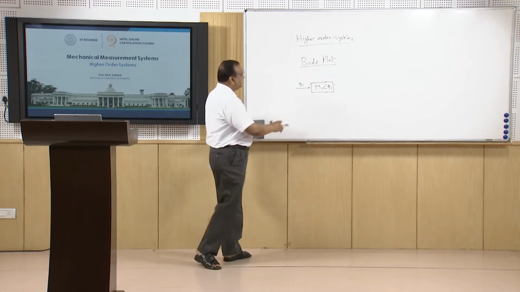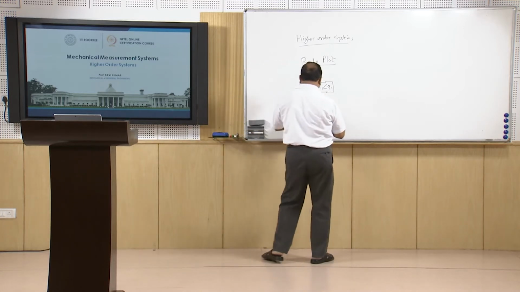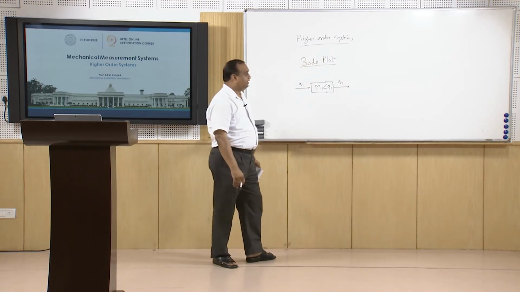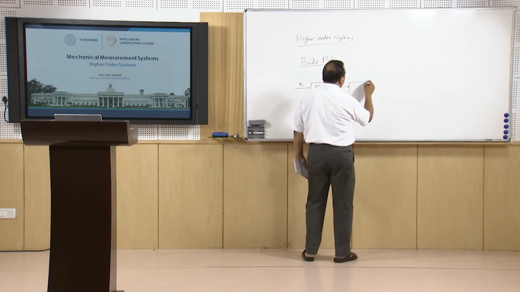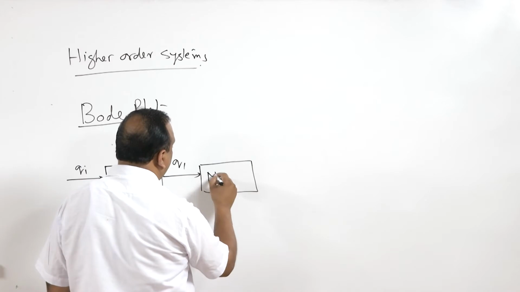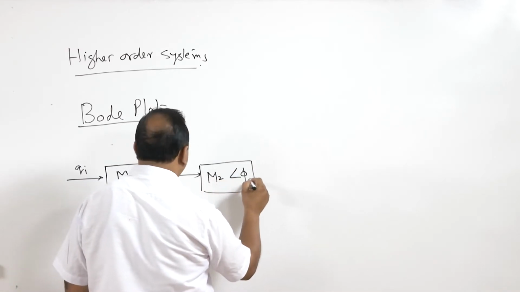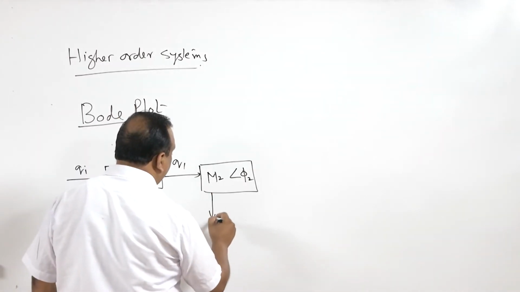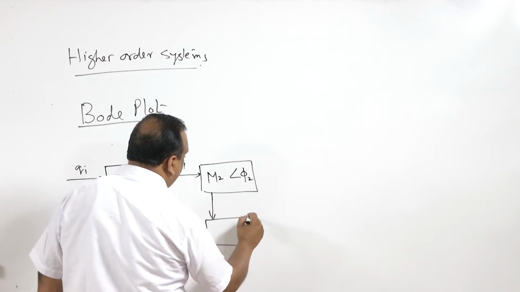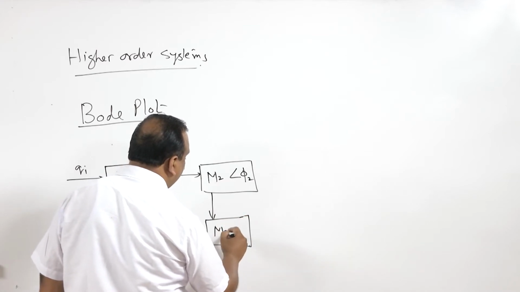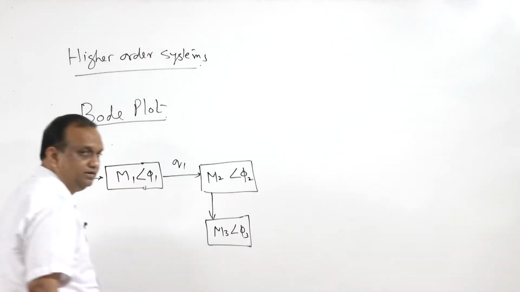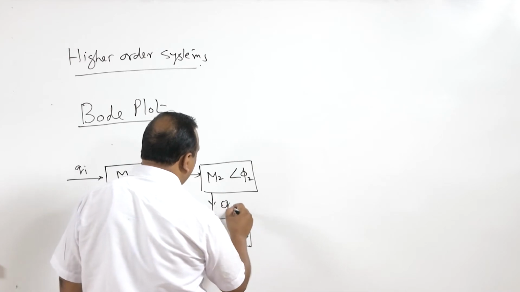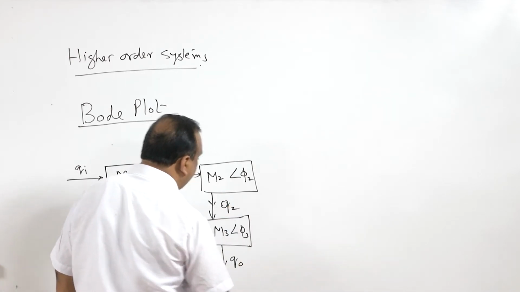So the first component of the measuring system is this one, and it gives the output as Q1, and then it goes to another system which has amplitude ratio M2 and phase angle phi 2. This again goes to another system where amplitude is M3 and phase is phi 3. Now this is Q1, and we can say this is Q2, and now this is Qo, and we get the final output.